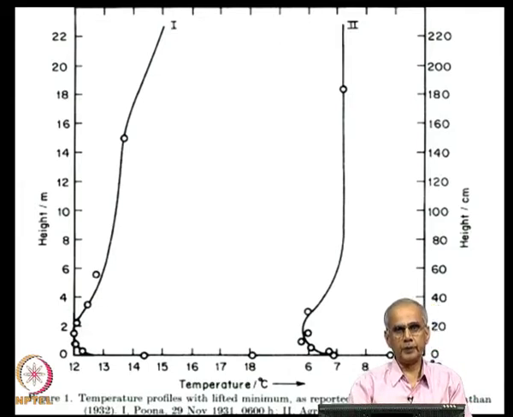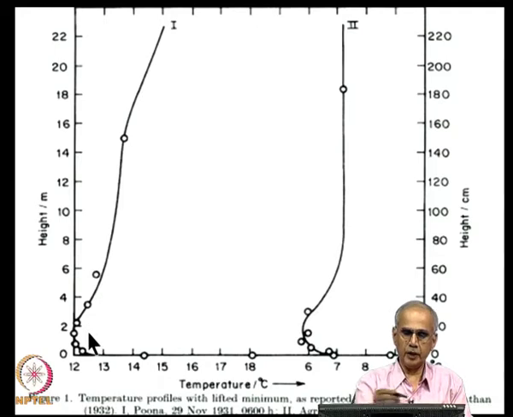So, the minimum temperature was not at the ground, but about a meter or less above the ground, and this was observed in 2 independent places, one in Pune and one in Agra.